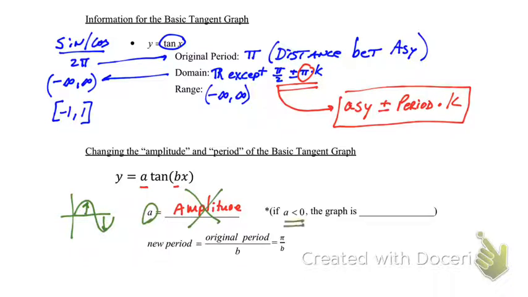But if it is negative, the tangent graph is inverted just like the sine and cosine. Now, how this will work, you either have a positive tangent graph, which is the one we just had earlier, or we have a negative tangent graph.